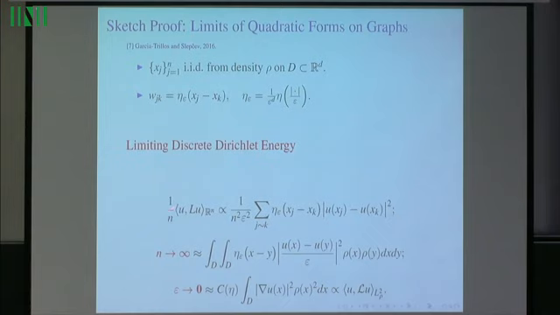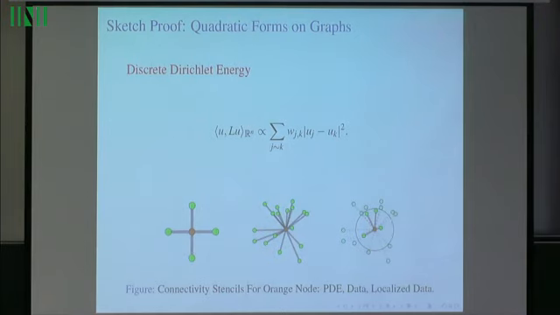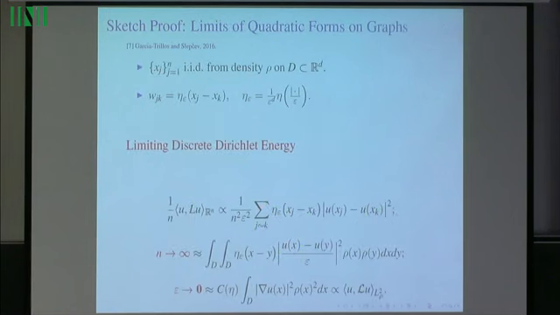Okay, so we just plug this into the quadratic form on Rn, and then the Dirichlet form that I wrote here with that specific choice of weights looks like this. It's scaled by 1 over n squared, 1 over epsilon squared, summing over all the points that are connected on the graph. This eta epsilon, which looks like a Dirac, and then the difference of u at xj and u at xk squared.